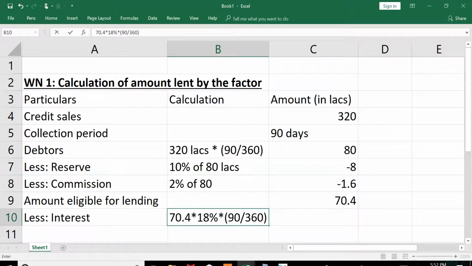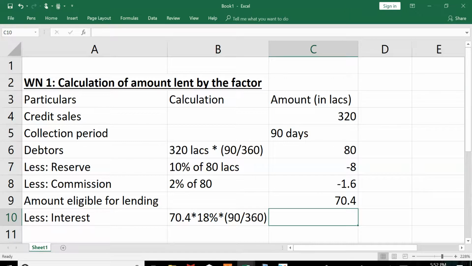Now please listen, the factor will keep giving money every 90 days. It's kind of a revolving credit. So he will charge you interest for 90 days, tell you to use it, and then again give you another set of money into 90 by 360. So this also he will deduct, into 18% into 90 by 360.